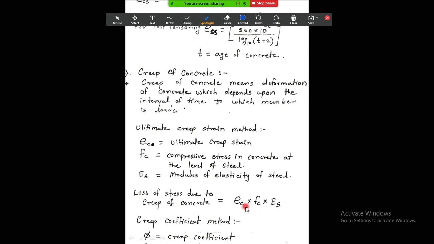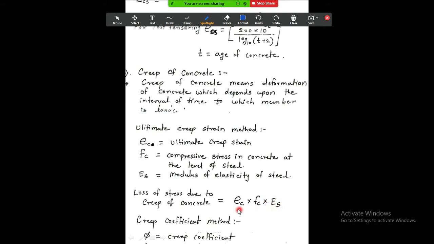Here it is Ecs, don't get confused. Ecs means shrinkage strain of concrete, C stands for concrete, S stands for shrinkage strain. And here the loss of stress due to creep of concrete is Ec into fc into Es.